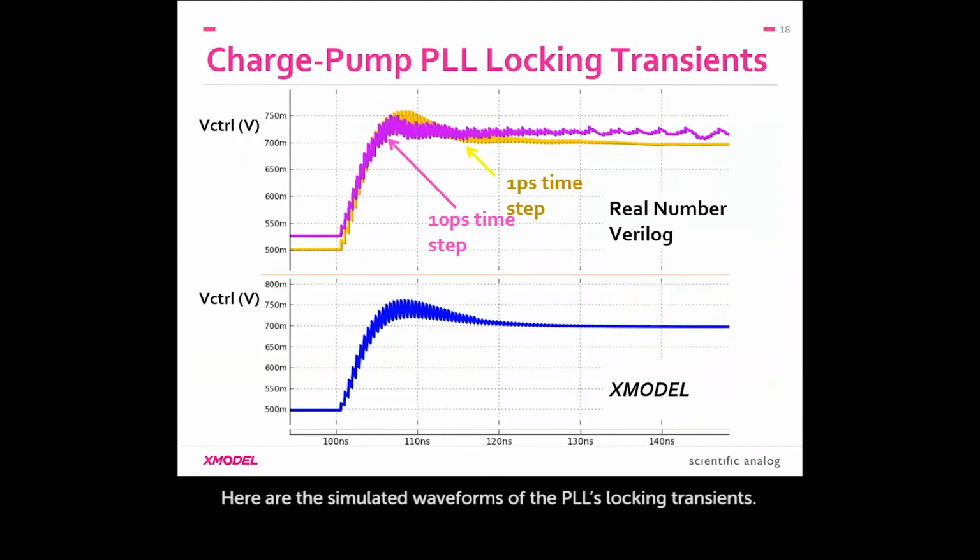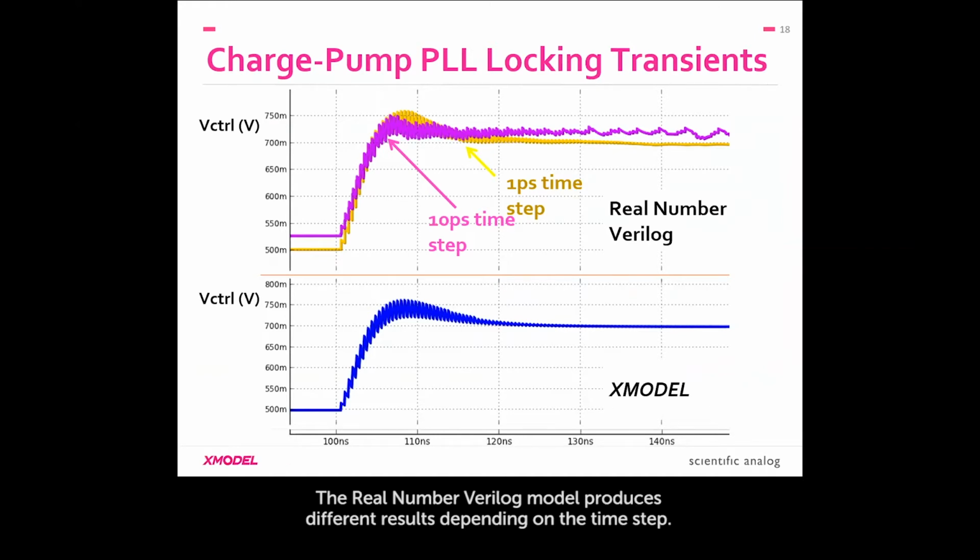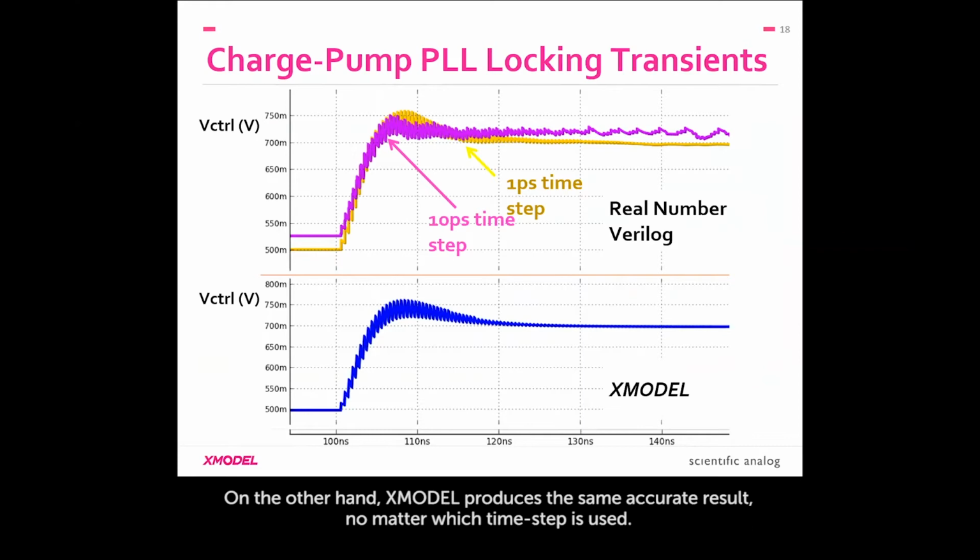Here are the simulated waveforms of the PLL's locking transients. The real number Verilog model produces different results depending on the time step. Particularly, if the time step is too coarse, the PLL may not even reach a correct lock. On the other hand, XModel produces the same accurate results no matter which time step is used.